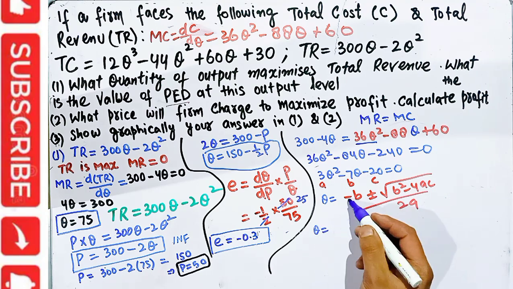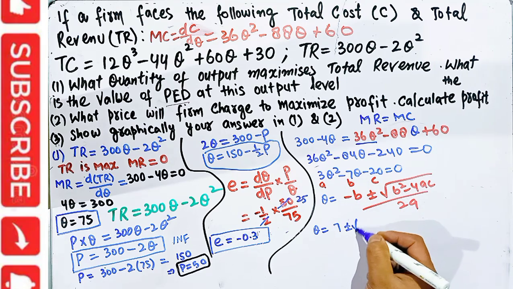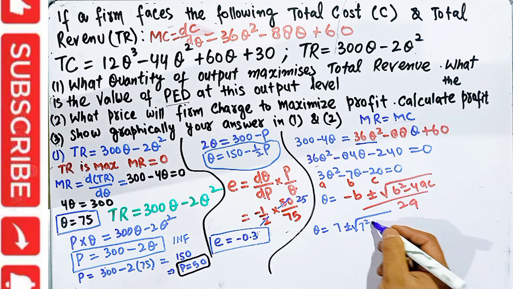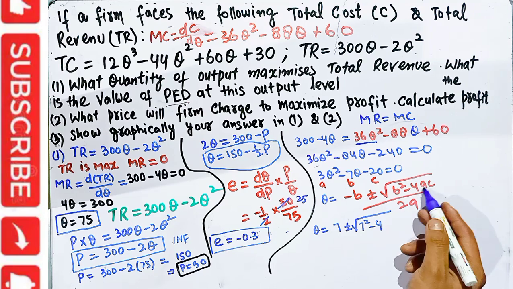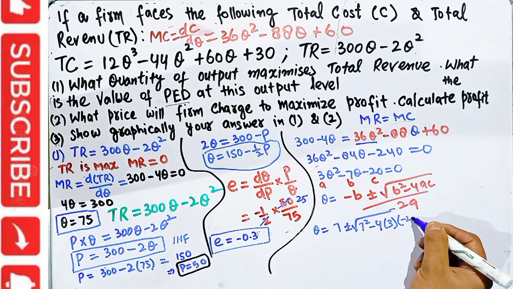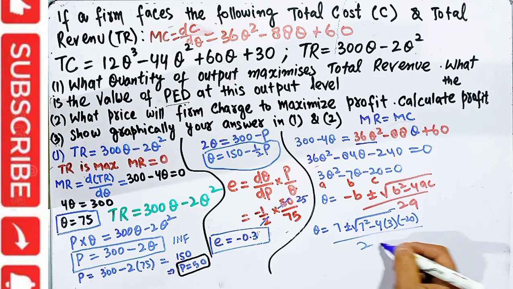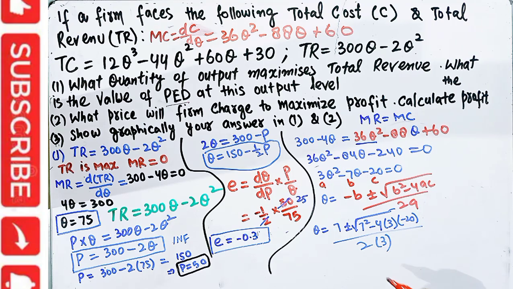So Q will be equal to minus b, which means minus into minus is plus 7, plus minus square root of 7 square minus 4 into a, where a is 3 and c is minus 20, divided by 2 into a, which is 3. When you solve this, we will get two values for Q. Let me solve it here.